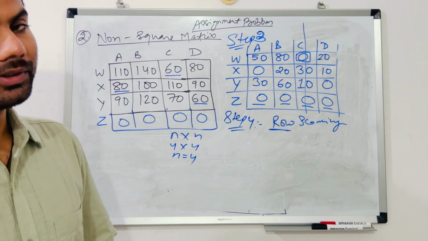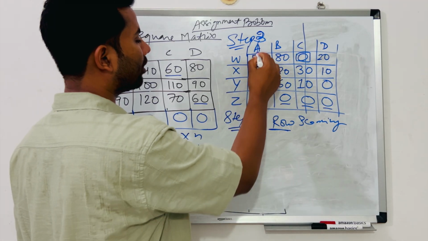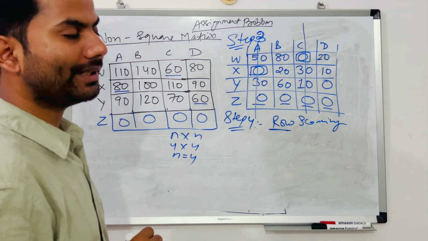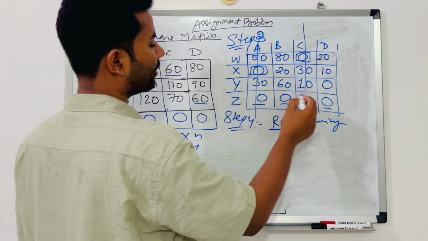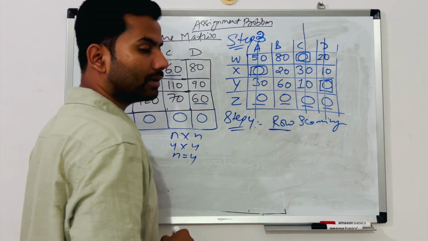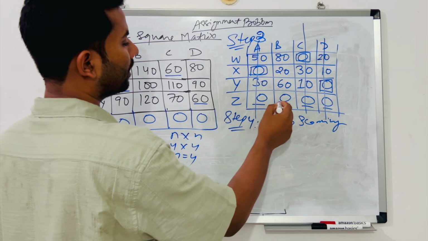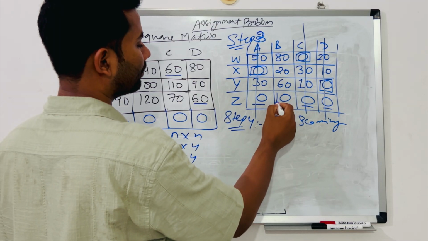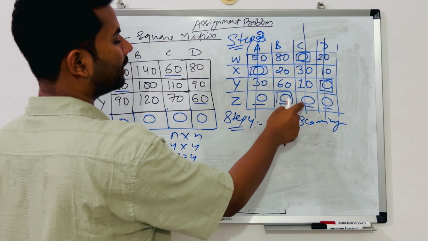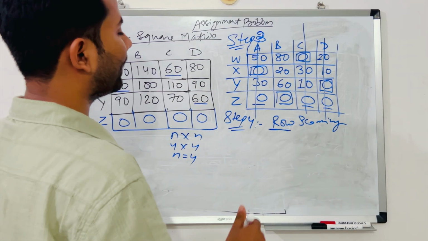Now see the number of 0 in row 2. One 0, cut by the column. Now see row number 3. One 0, cut by the column. Now you can see in row number 4, all the 0s are deleted, only this 0 is remaining.